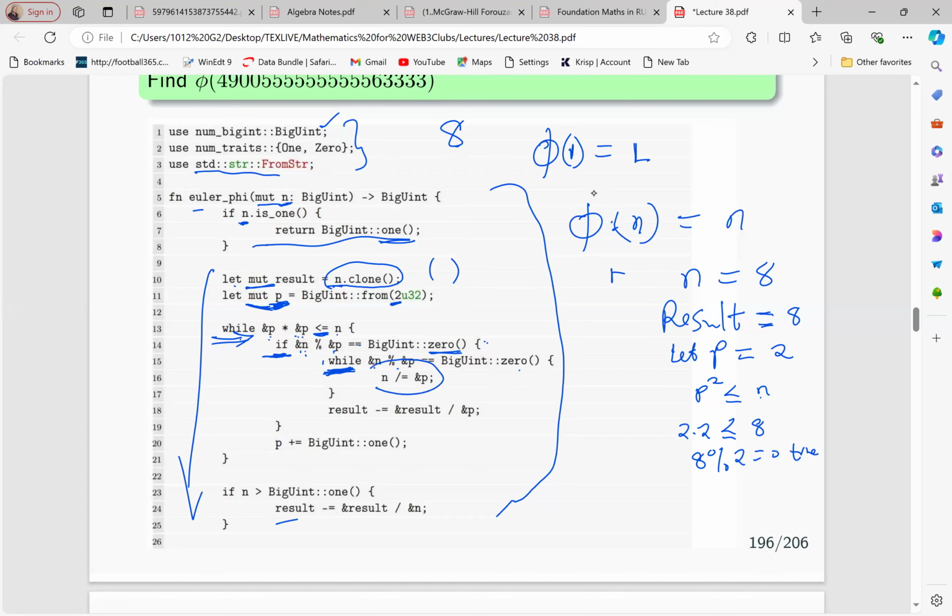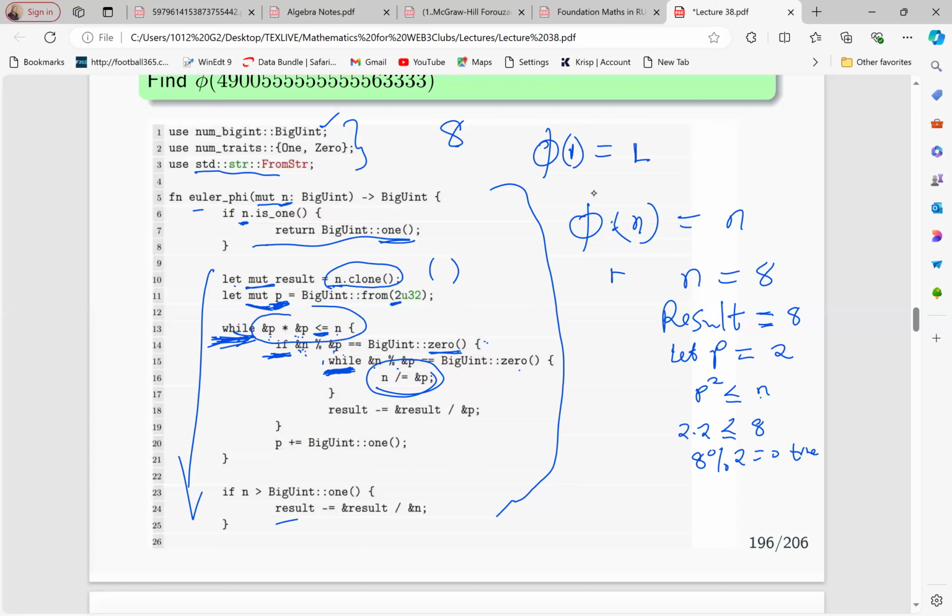So you see, the if is telling us that if this is satisfied, go inside. And this one was also a while. While means we continue doing this for so long as this condition is fulfilled.